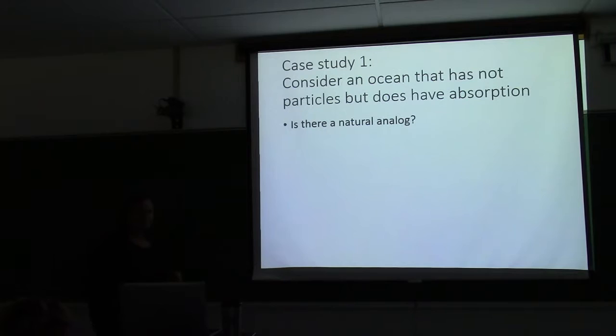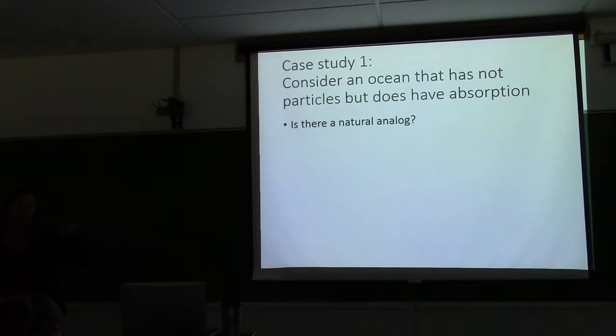Okay, so I want to consider some case studies. And the first case study I want you to think about is an ocean that doesn't have any particles, but does have absorption. So when you look at this ocean, what's it going to look like?